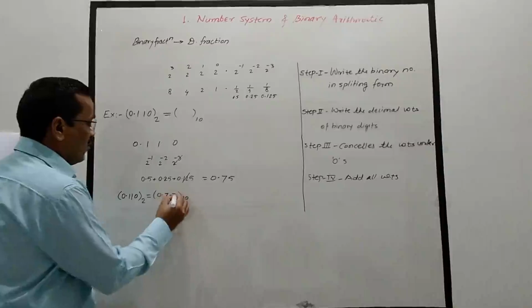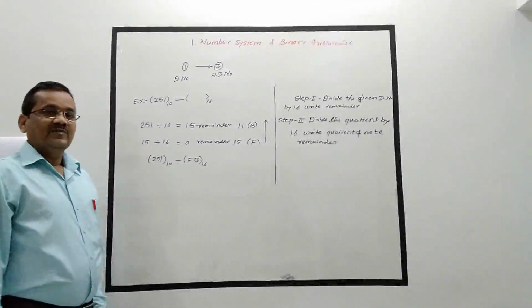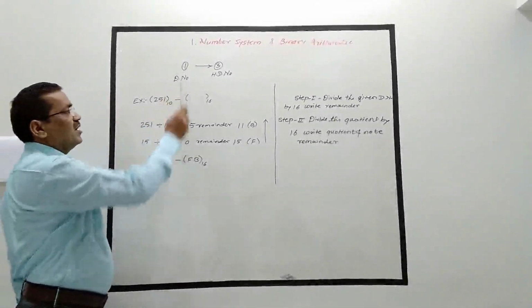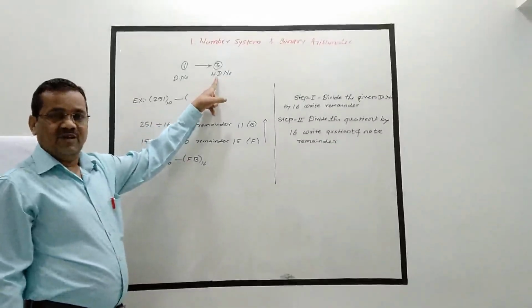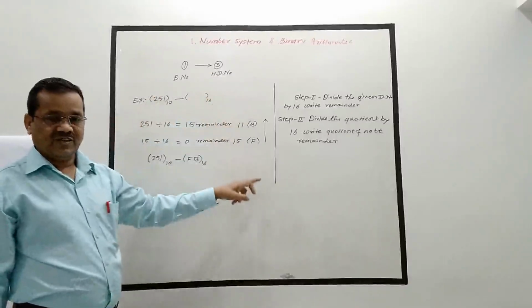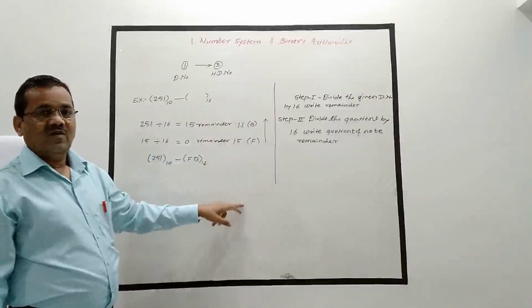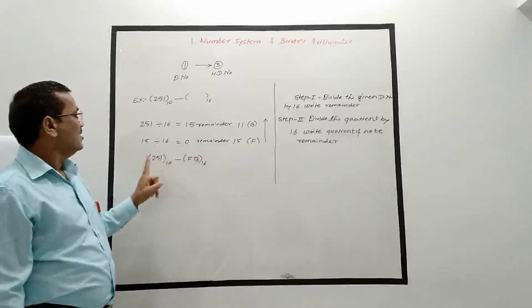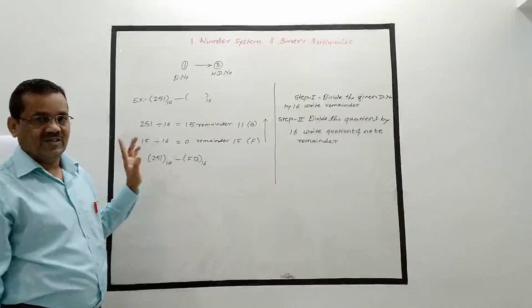To convert decimal number into its equivalent hexadecimal number, we have to follow a certain procedure. By following this procedure, we can easily carry out the process of decimal to hexadecimal conversion.